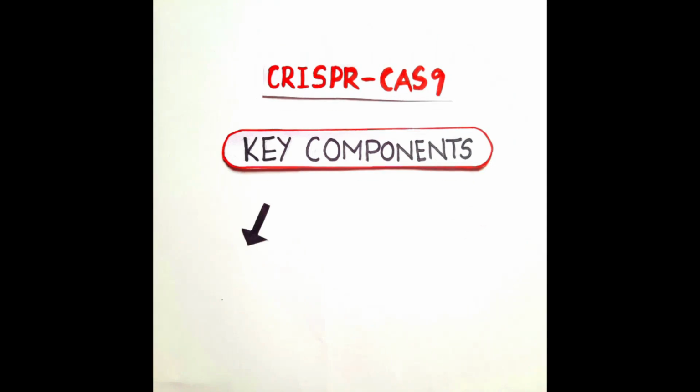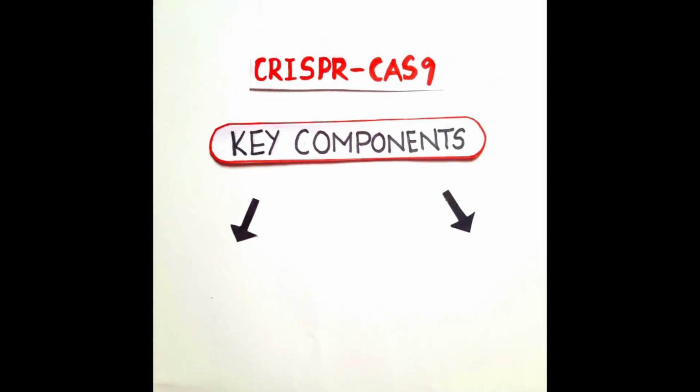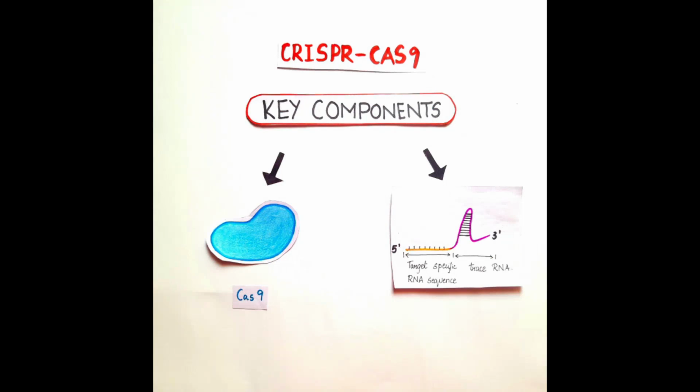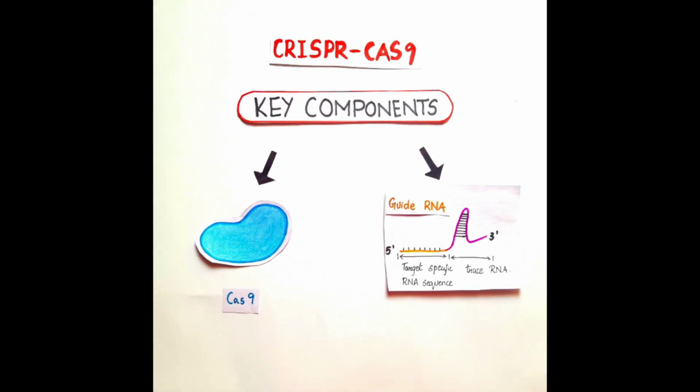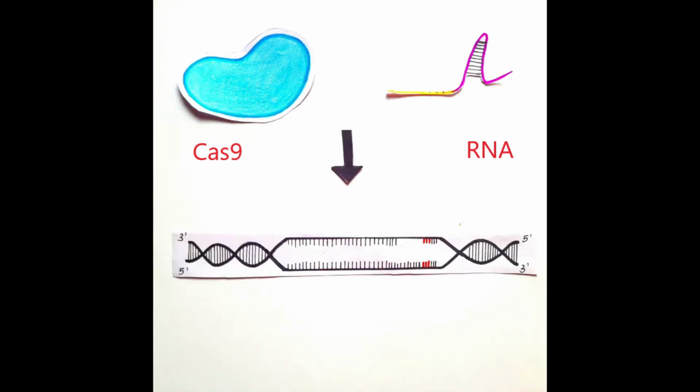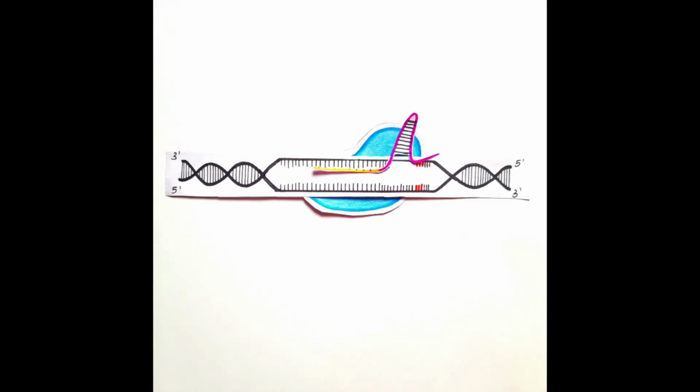This system is based on two key components that form a complex: the Cas9 endonuclease and a target-specific RNA that guides Cas9 to the genomic DNA targets. The RNA binds to the Cas9 enzyme. As in bacteria, the modified RNA is used to recognize the DNA sequence and the Cas9 enzyme cuts the DNA at the targeted location.